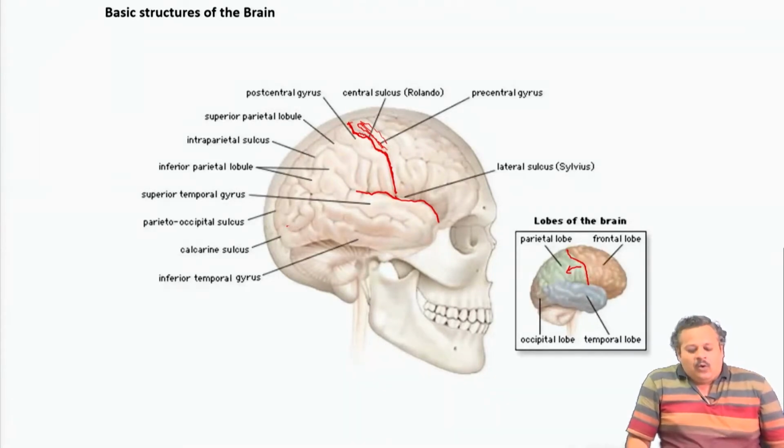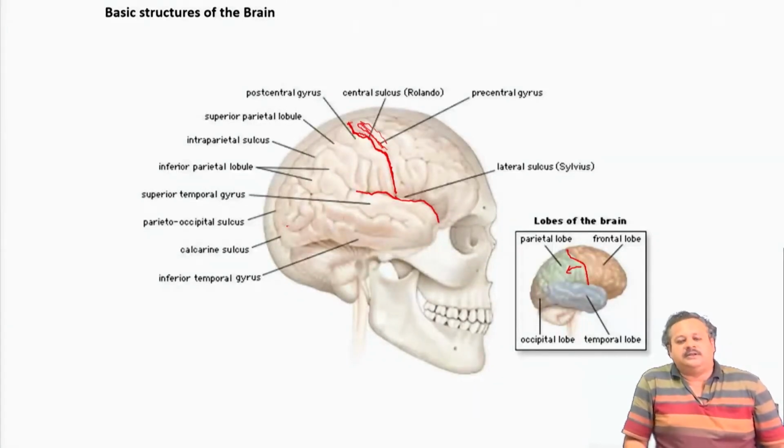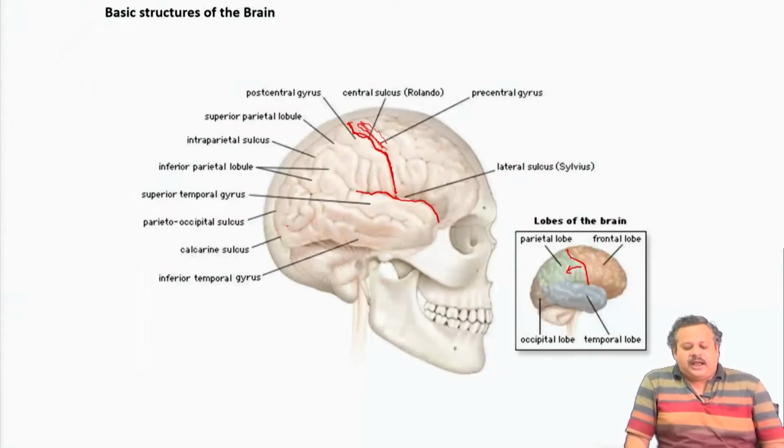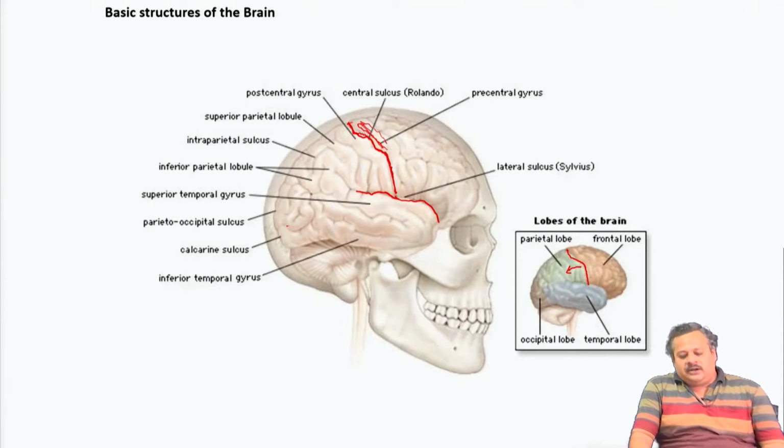So, overall what we are saying so far is that if we look at the cerebral cortex or the cerebrum, there are these four main lobes, which are the occipital lobe, the temporal lobe, the parietal lobe and the frontal lobe, and within them different sulci separate out different structures, and even different sulci separate out these different lobes also, and different structures are present within the gyri.